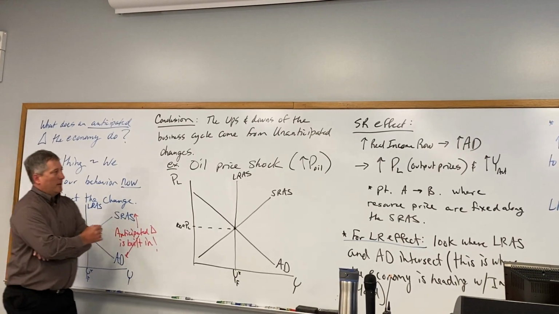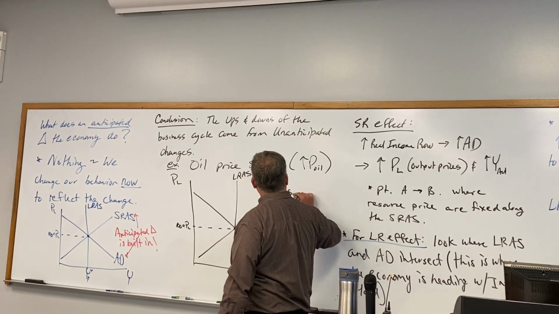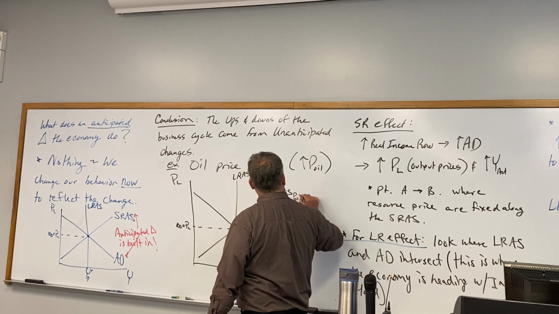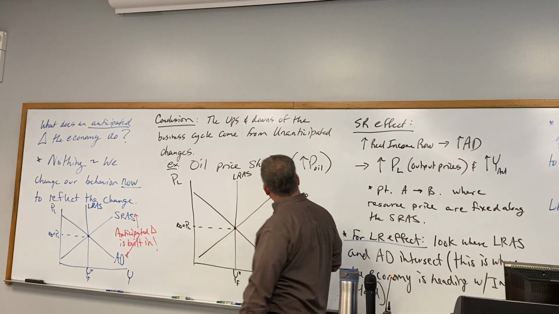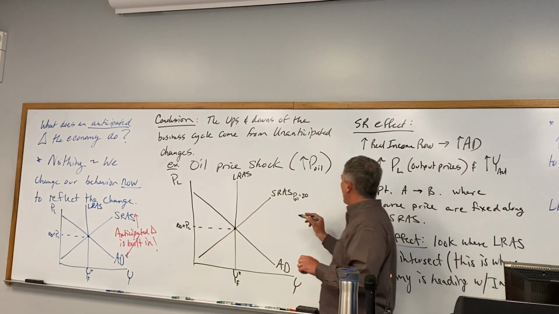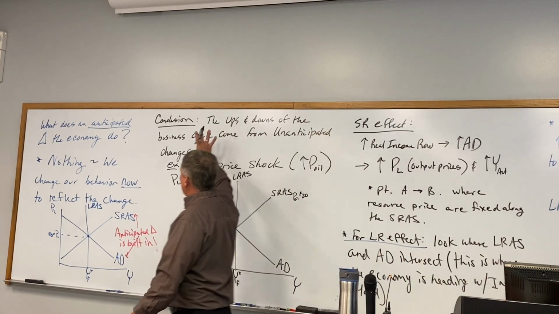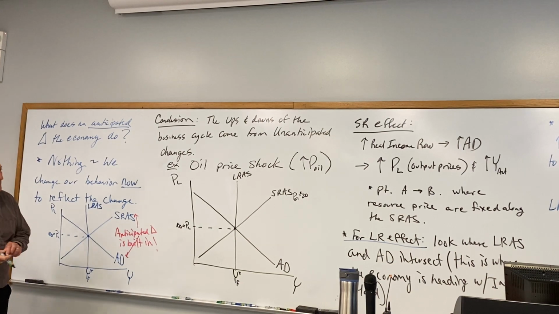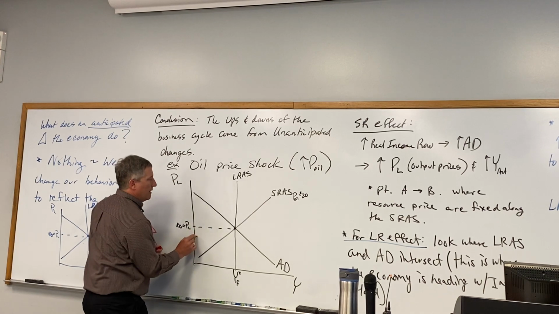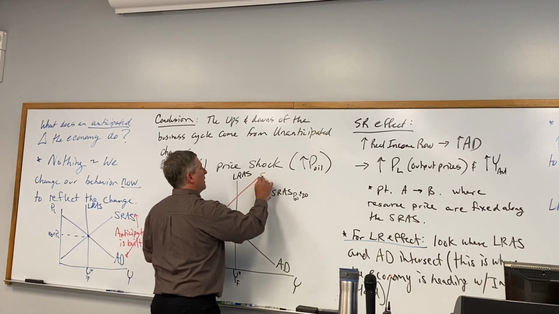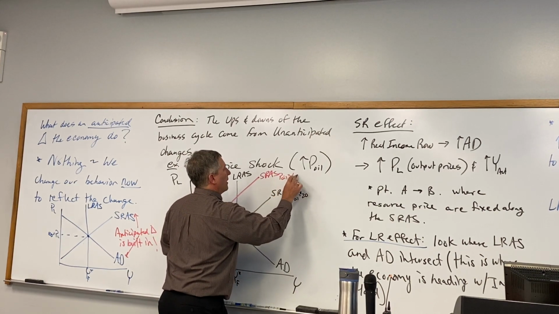And let's just say this is at the world price of oil equal to $20 a barrel. And then all of a sudden, boom, there's this unanticipated change of oil prices skyrocketing. And so oil prices go up to $60 a barrel.